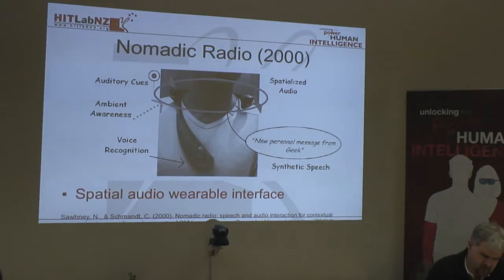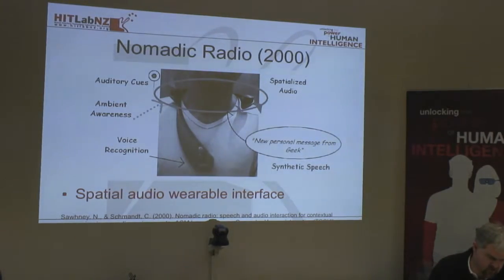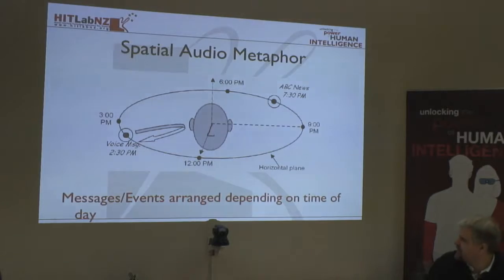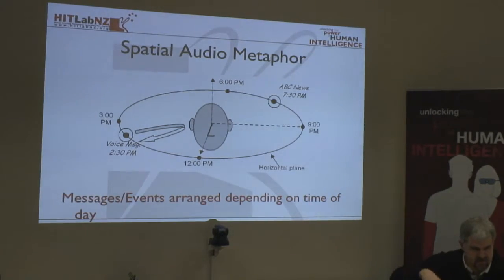They also had voice recognition around the microphone here. So if you got an audio message, like somebody gave you a voice message, then it would appear around different parts around your head depending on the time of day that the message came. So if it was at 12 o'clock, it comes in front. If it appeared at 2:30, it appears off to the side.